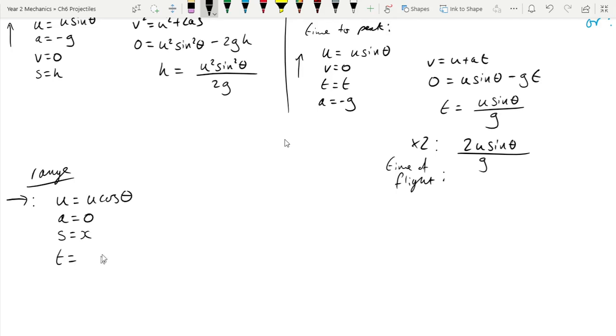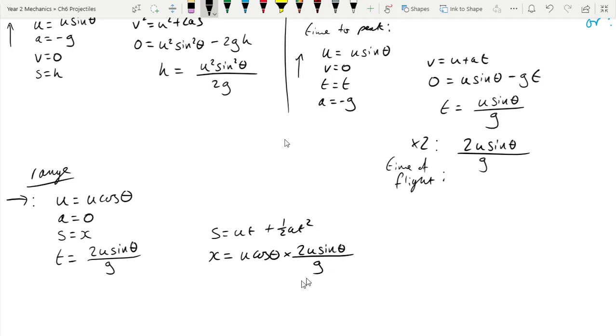The time of flight for the whole journey is 2u sine theta over g. So I can use s equals ut plus half at squared, which is basically just going to be s equals ut because a is 0. So the range, or x, is going to be ut. So that's u cos theta times 2u sine theta over g.